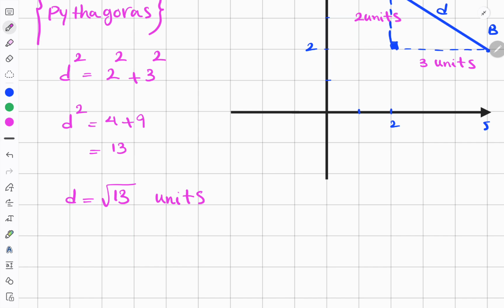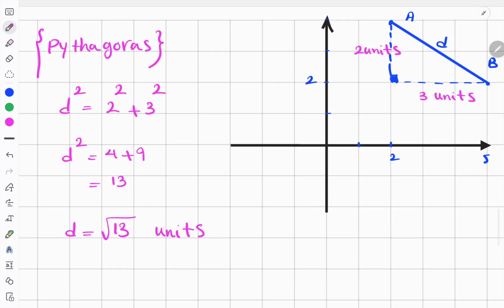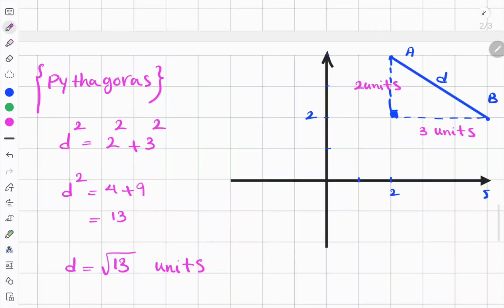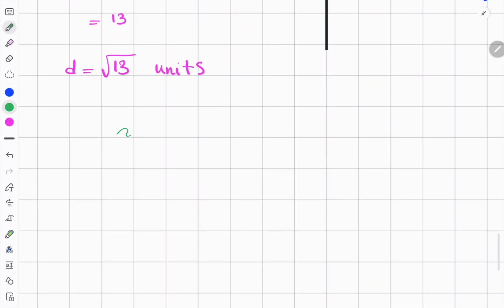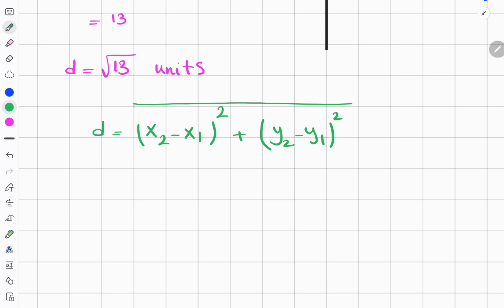And how can we find the distance between 2 points without plotting points and drawing a straight line segment? I'm going to use a formula. The distance is the difference of the x's of 2 points squared plus the difference of the y's of 2 points squared, and find the radical, or square root, of the sum of them.